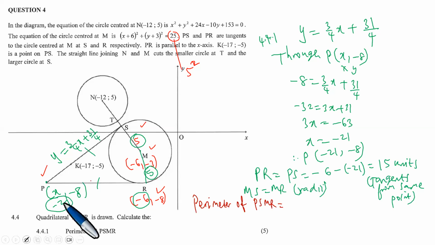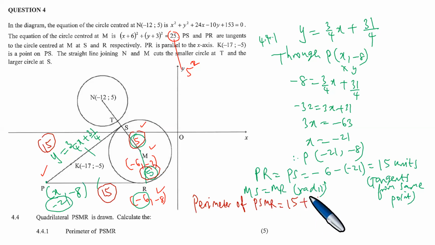The perimeter of PSMR, therefore, is just going to be 15, 15, 5, 5. So this is going to be exactly 30 plus 10, which is 40.